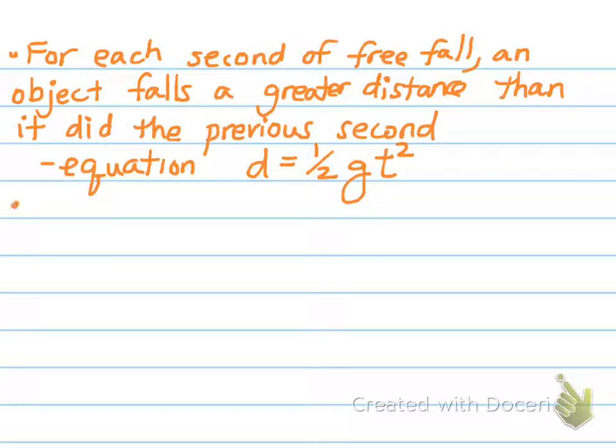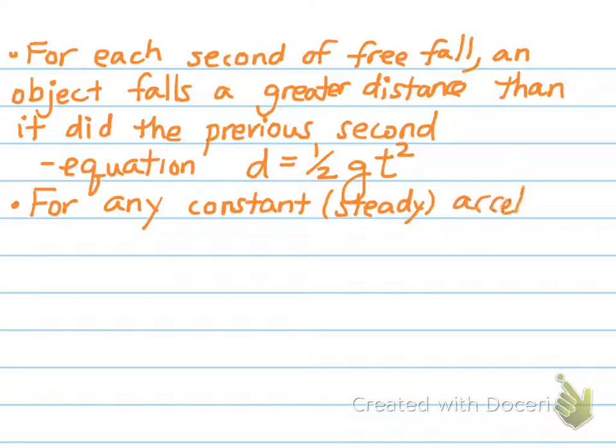And as I mentioned a couple minutes ago, for any constant or steady acceleration, you can use these equations that we have. So v, our instantaneous velocity, is our acceleration times our time.